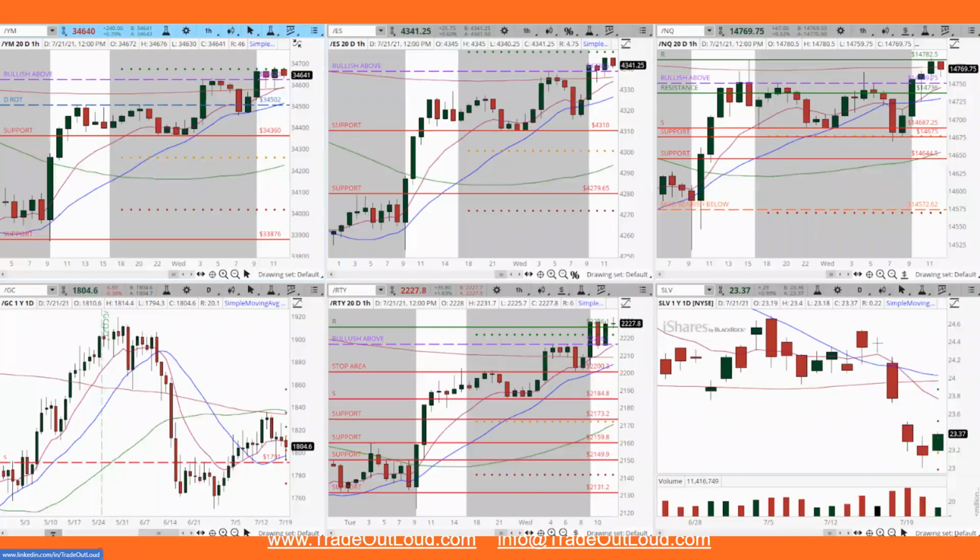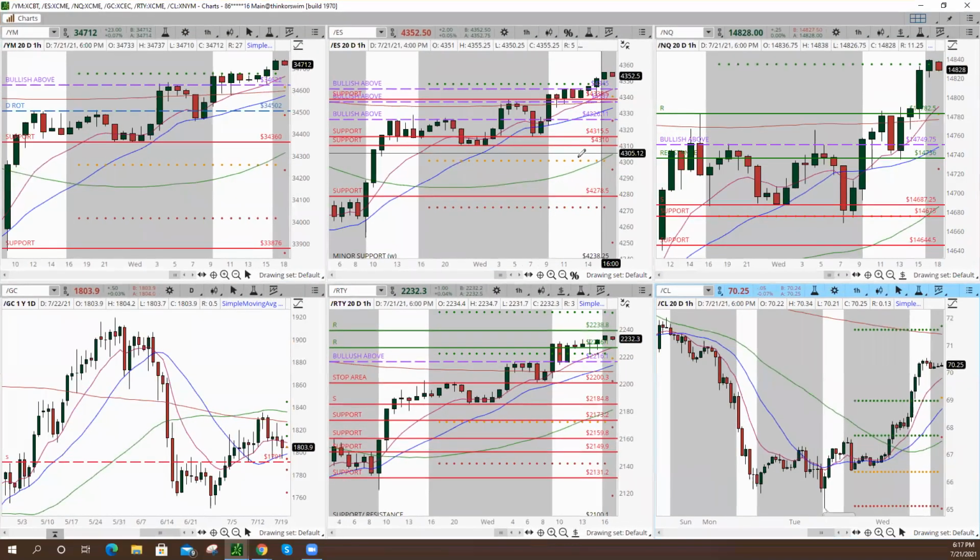These are today's charts, and I'm going to point out that these are the live charts right here. So for those of you that are interested in day trading, these were our levels for today. We had massive gains in RTY, which I'm going to show you a little bit later on.